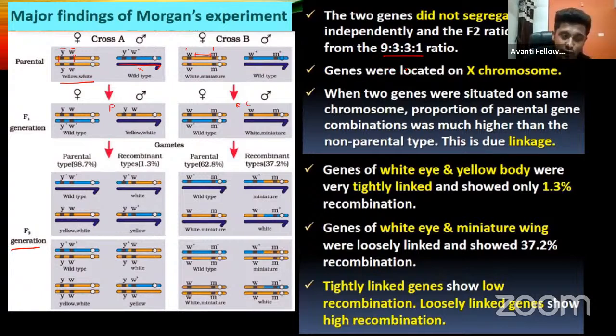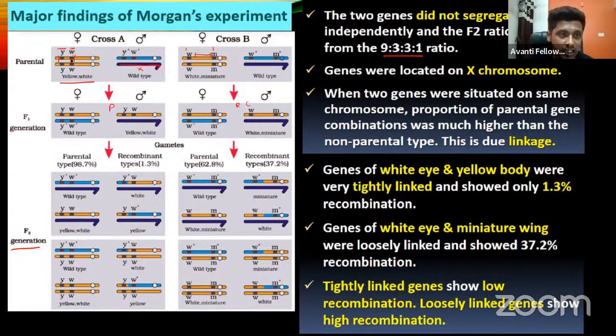But here we don't get any 9:3:3:1 ratio. Whenever a mathematical ratio deviates, that means it is not following a particular rule, right? It's as simple as that. But they did not reject this idea of 9:3:3:1, they went ahead to understand what was really happening here.